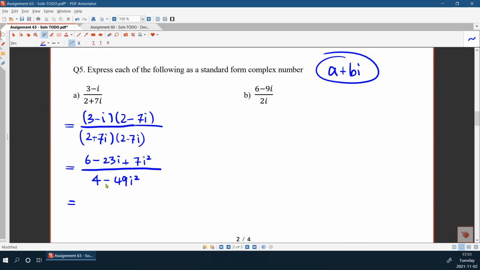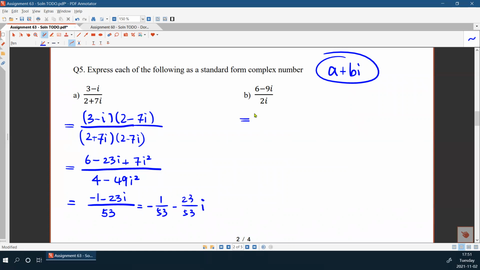And now the numerator is minus 1 minus 23i, and the denominator is 53. So the final result is minus 1 over 53 minus 23 over 53i. Okay, this is in the form of a plus bi.